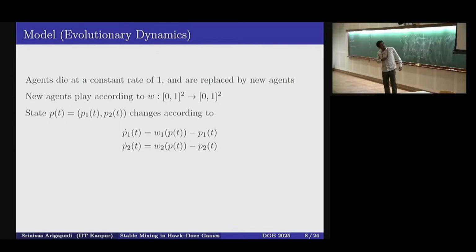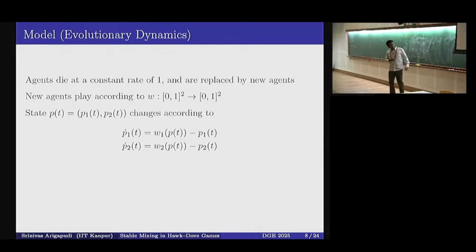Here you have this state space, which means that there are two numbers which represent the population state, and the population state evolves according to this. So let me try to explain what this is. Let's look at the first equation, the right-hand side. W1 represents the probability that the new agent who enters the population plays the hawkish action when the population state is P(t).